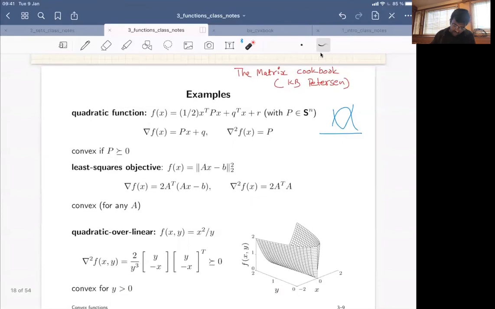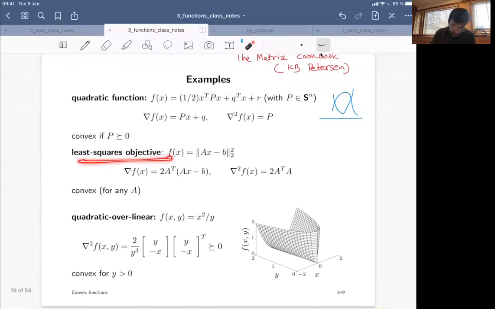So now we know, if you have a quadratic function, you should check that the matrix P in the quadratic term is PSD. That means my function is convex. Now, next example is this. We already saw least squares, Ax minus b. You can express this as Ax minus b transpose Ax minus b.